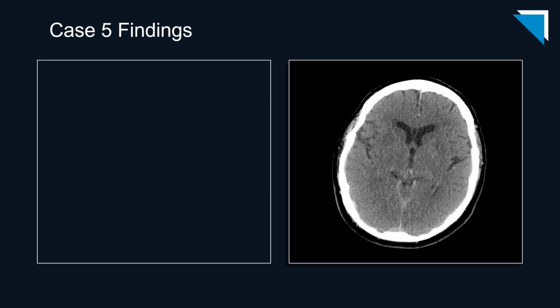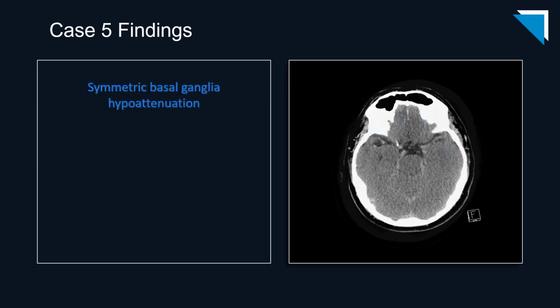I think the most conspicuous finding here is the hypoattenuation in the basal ganglia. More inferiorly at the skull base, I hope I can convince you there is some pseudo-subarachnoid hemorrhage.